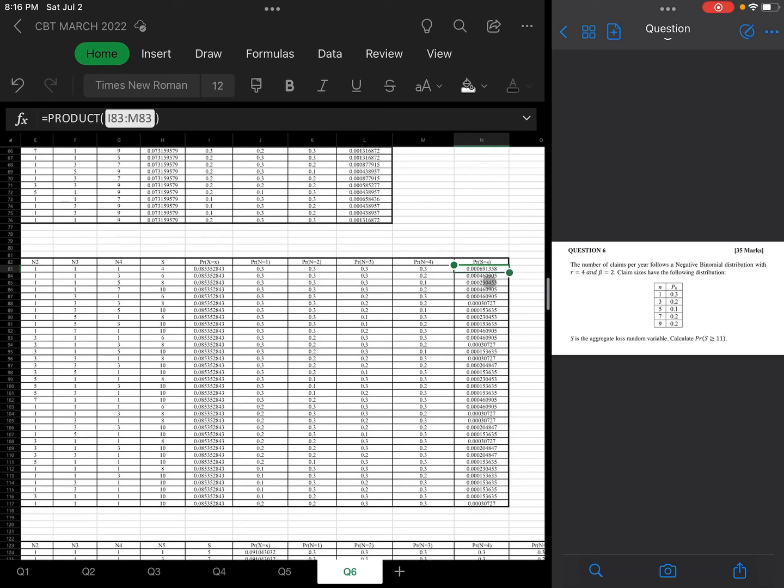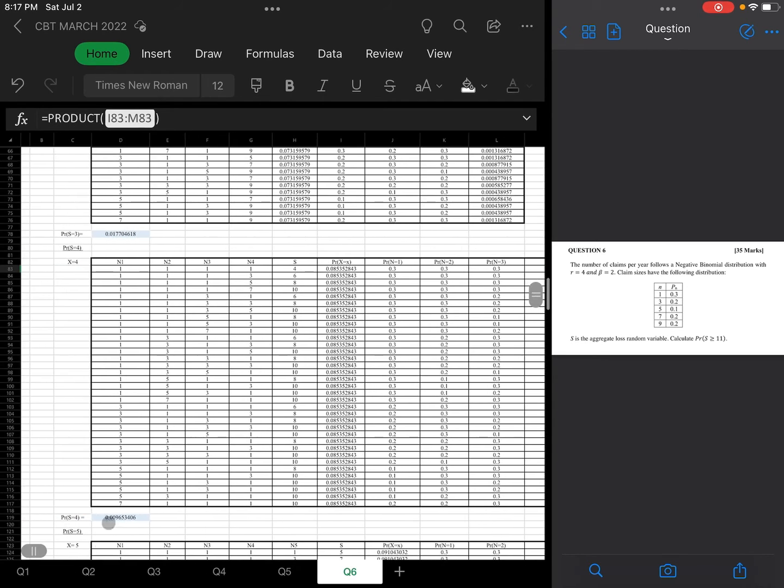After finding all of these values for probability of S equals s, we do the summation and find that probability of S equals 4 is 0.009685346.